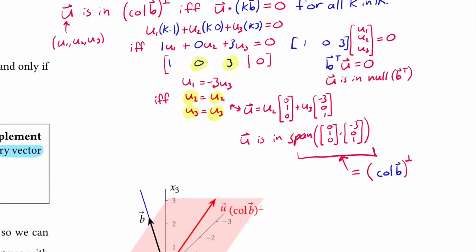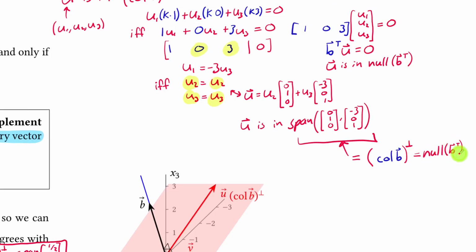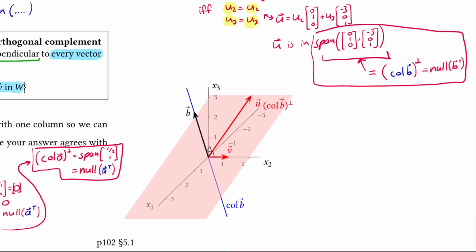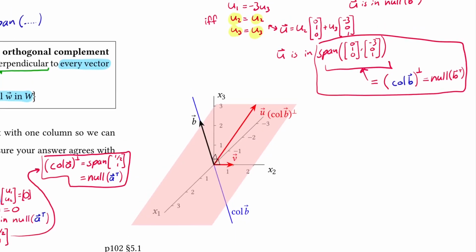And we just saw that a vector being in the column space of B's orthogonal complement is equivalent to u being in the null space of B transpose. So what does that look like in this picture? Well, yeah, the V right here is the (0, 1, 0).